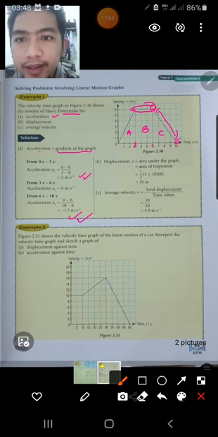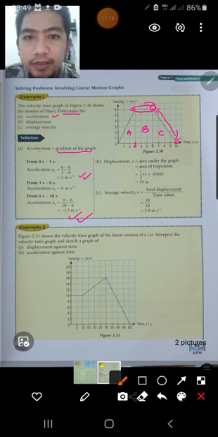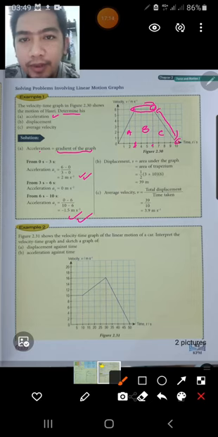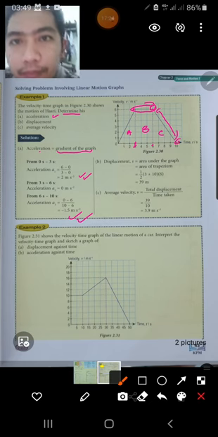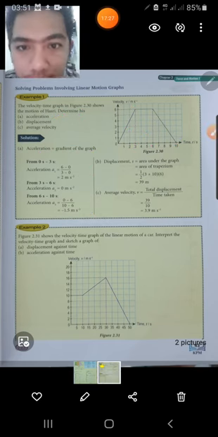Alright, next, how to find the displacement? Displacement, remember, you have to calculate the area under the graph, because this is velocity against time. The area under the graph stands for displacement. Alright. Okay, find the displacement: area under the graph.